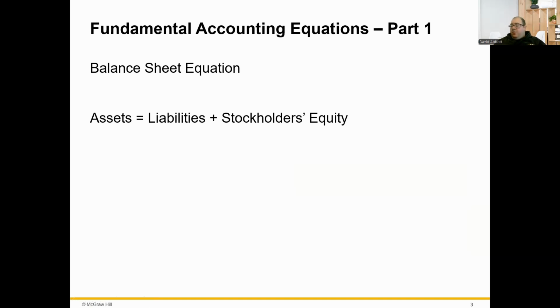So the first thing to remember, and again, this is going back to financial accounting, is the balance sheet equation or accounting equation. And that is assets equal liability plus stockholders' equity, or assets equal liability plus owner's equity. That is very, very important for us to keep in the back of our mind as we work through this.